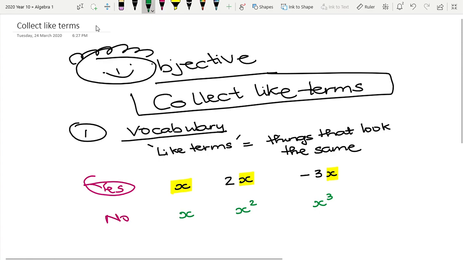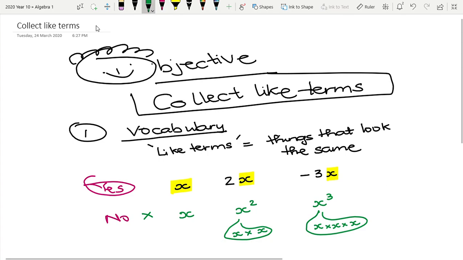In fact, x squared means x times x, and x cube means x times x times x. So x squared and x cubed are not like terms. So it's a no. It's no good.